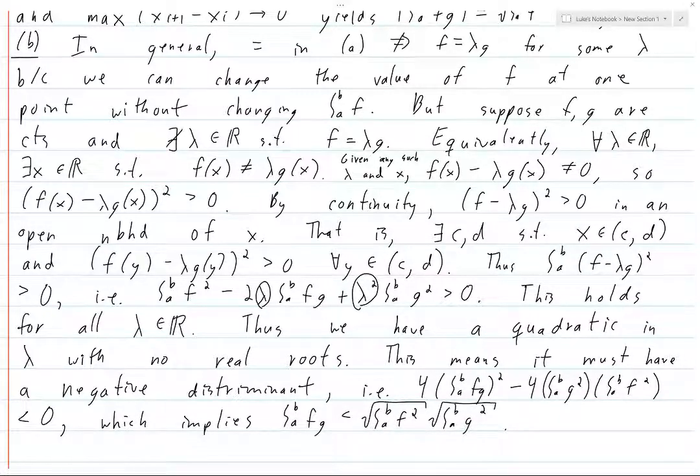Contrapositively, meaning that if you have two statements A and B, if A implies B, the contrapositive states that not B implies not A. And so we can basically do: not the conclusion here implies not the assumption.